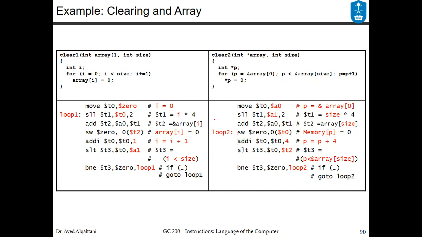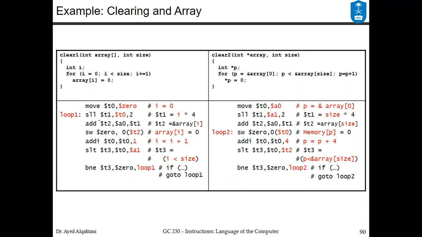So if we, for example, say that the size has 100 members, in these 100 members that you will clear, you need to go through the loop for 4 instructions for every one of these 100 members. But here you go through 6 instructions. So this will be a better optimization.